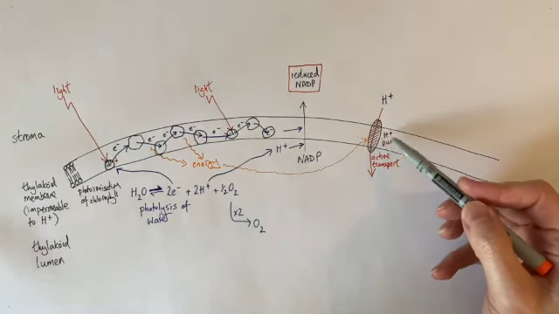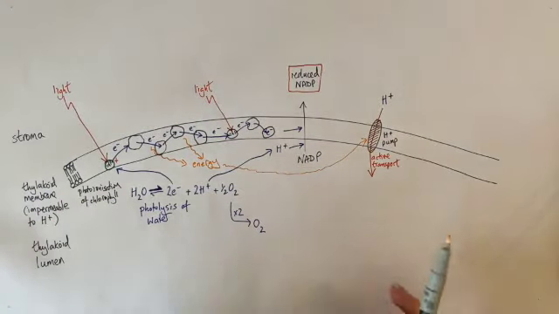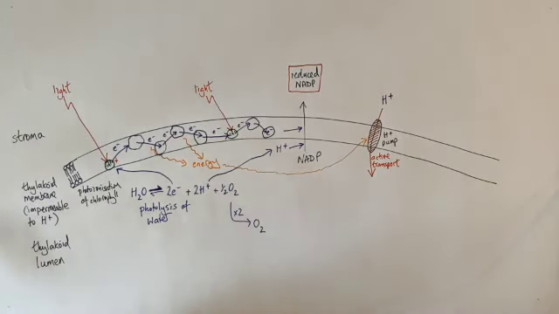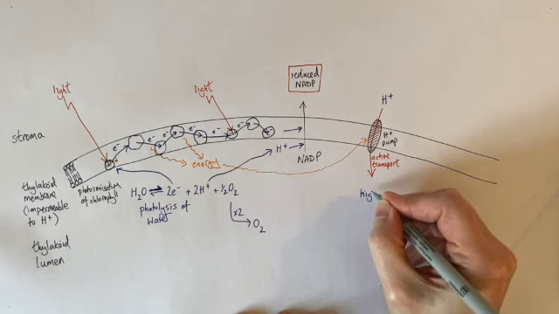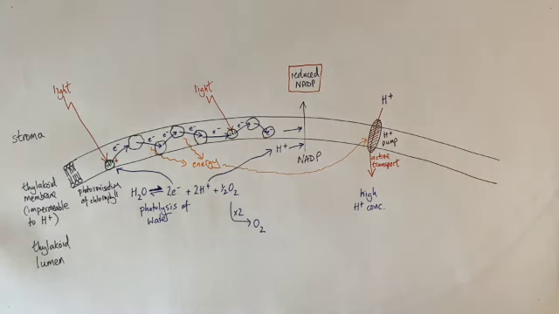In fact, these proteins are probably right next to these, because remember, the proteins in the fluid mosaic model are moving around, so they're probably closer together. But don't worry about that. So what we have is lots and lots and lots of hydrogen ions being pumped into here. And that creates inside a high hydrogen ion concentration.